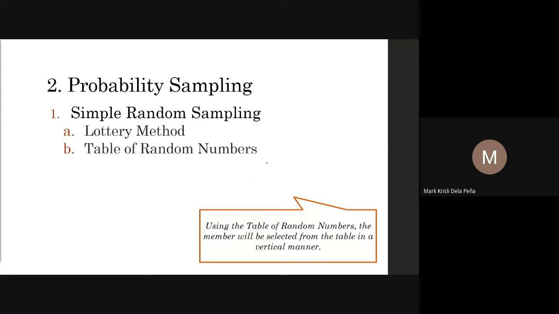Say, for example, you want to select 10 out of 40 students. The first thing you do is to generate, say, 100 random numbers, and you list all of those numbers. So how will we use it? I'll be showing you the steps now.